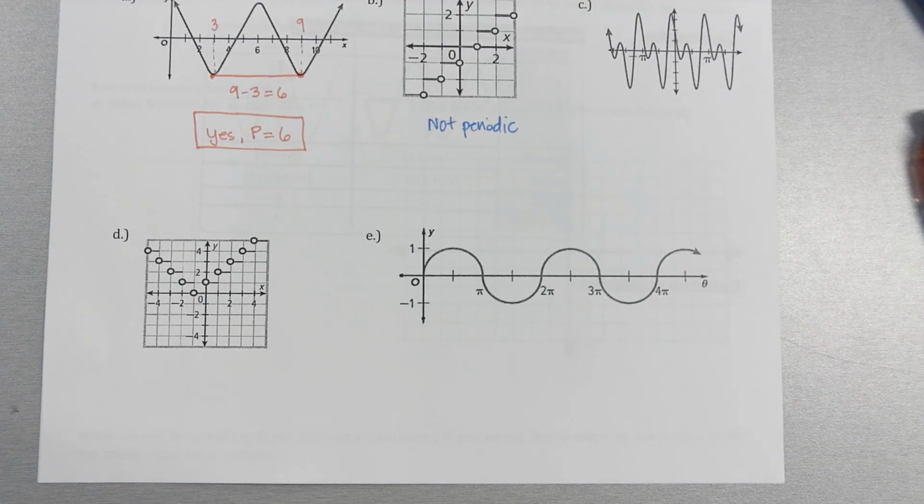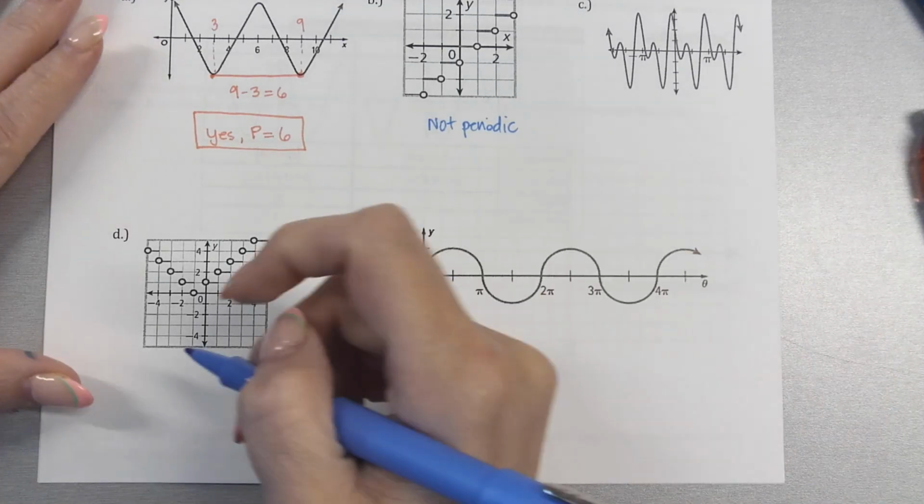Which one does not repeat? Okay, which one do you think? What's the other one that's not periodic? D. D is correct. All the other ones are going to repeat.